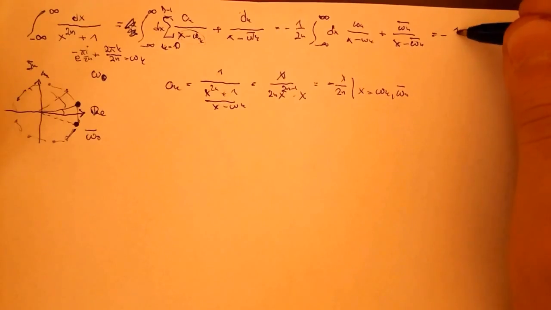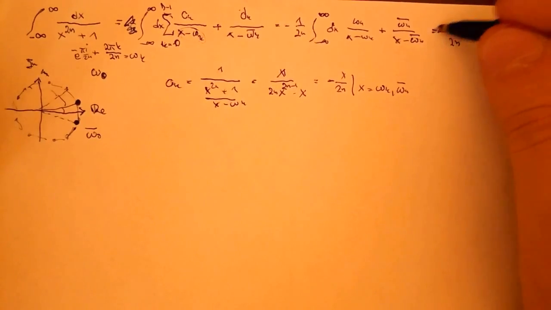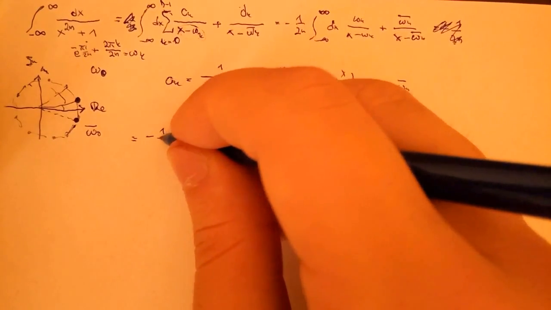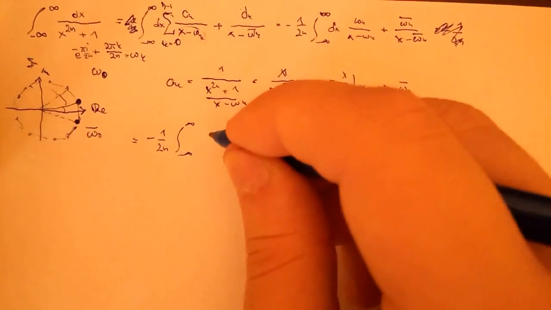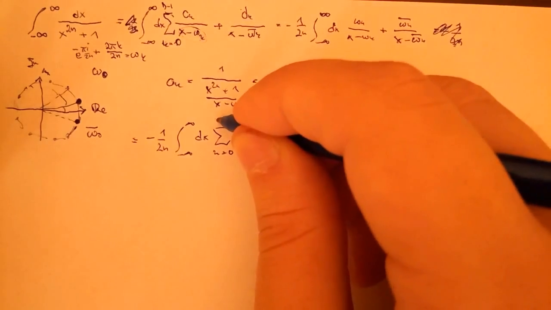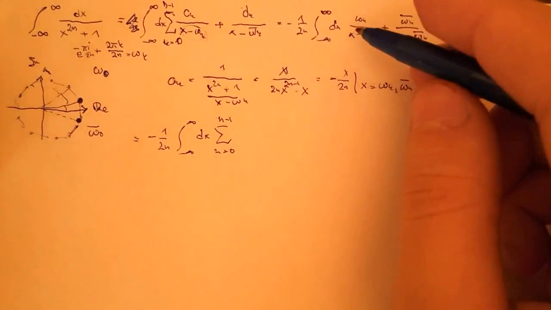So this is minus 1 over 2n times an integral from minus infinity to infinity dx, summation from k equal to 0 to n minus 1 of x times this and this.